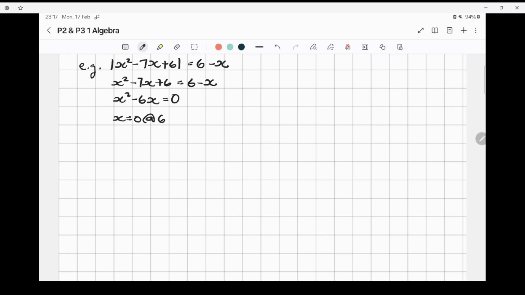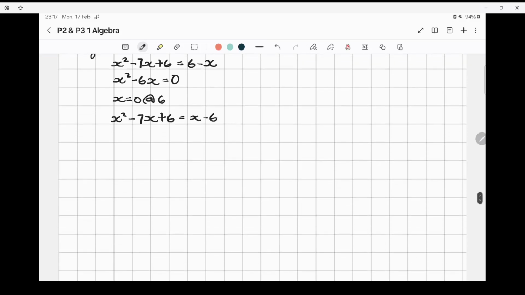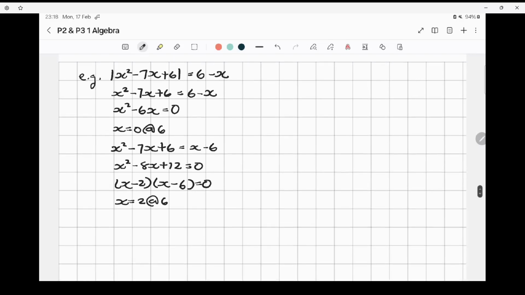So x squared minus 7x plus 6 equals the minus of 6 minus x, so you get x minus 6. In the end you get x squared minus 8x plus 12 equals 0. (x minus 2)(x minus 6) equals 0, or x equals 2 or 6. So you have three solutions, 0, 2 and 6.